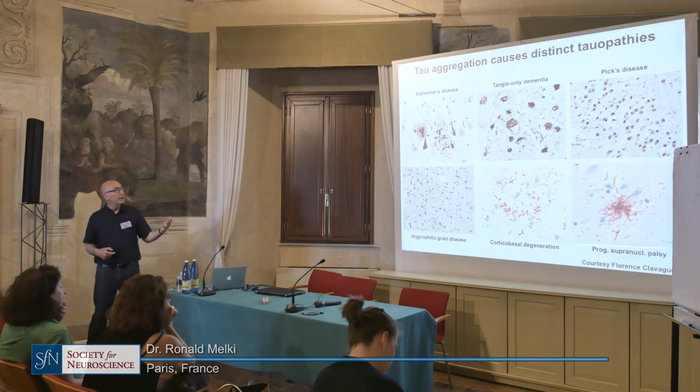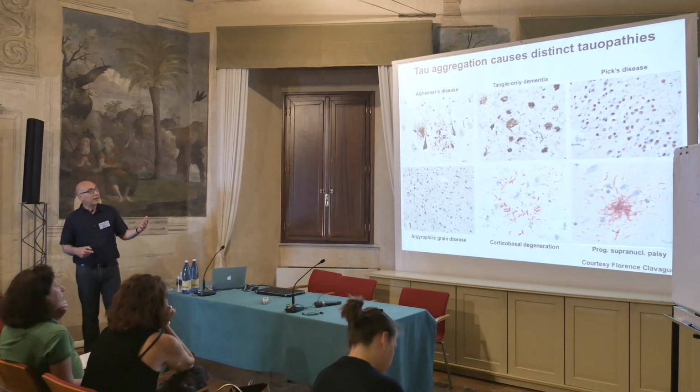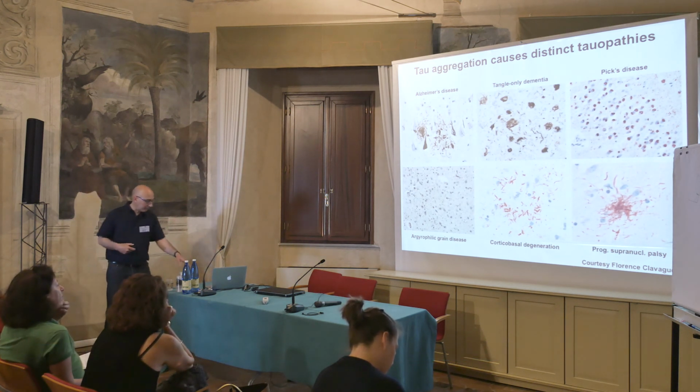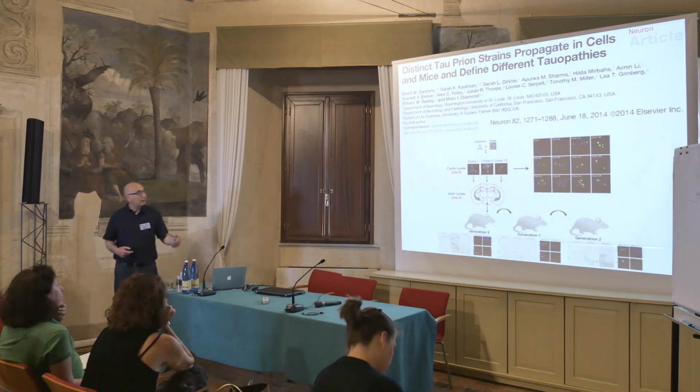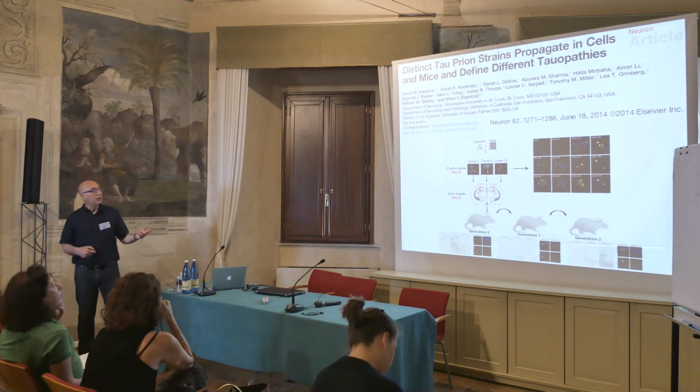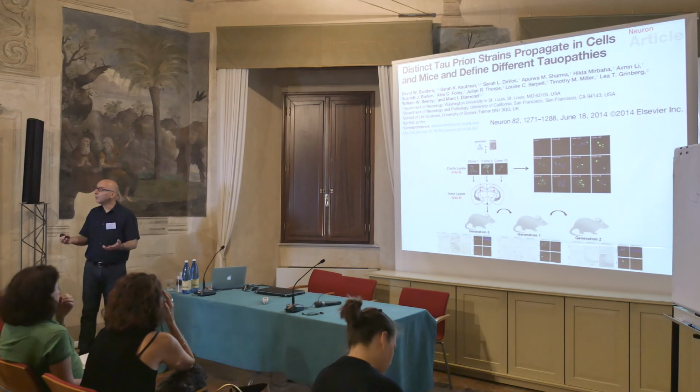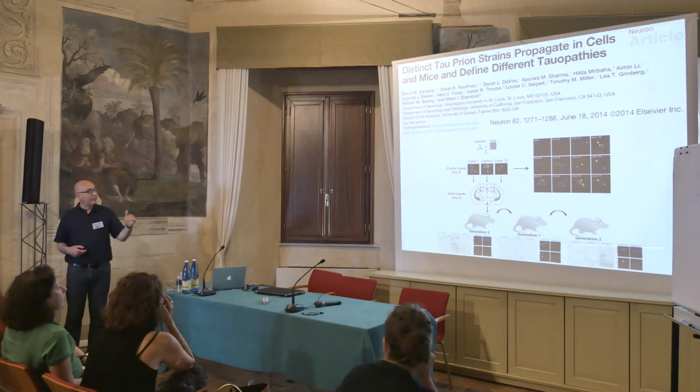You heard that the aggregation of tau causes different diseases, and Mark Diamond assembled a fragment of tau. It's not full-length tau, please. Even though they call it tau, it's a fragment. He assembled it in test tubes, and he was very clever, I find.